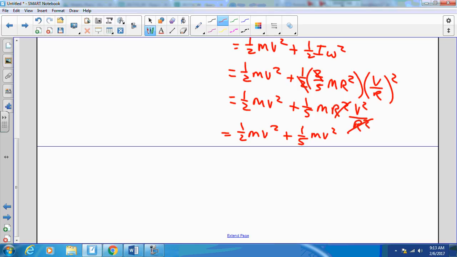I get 1/2 mv squared, the contribution from the translation, and I get an additional 1/5 mv squared as the contribution from the rotation. So that when the dust settles, the total kinetic energy that my ball has is greater than 1/2 mv squared. It is 7/10 of mv squared.